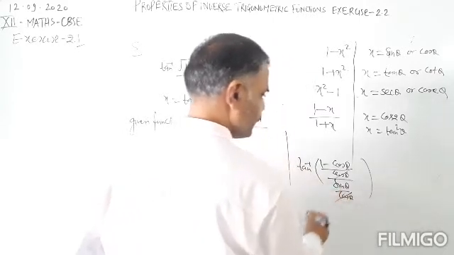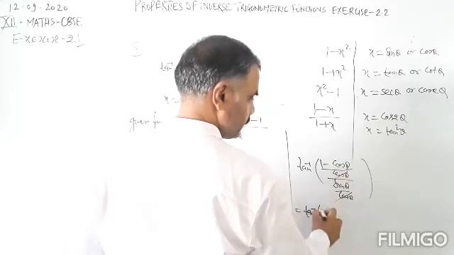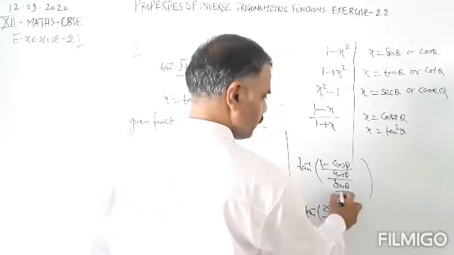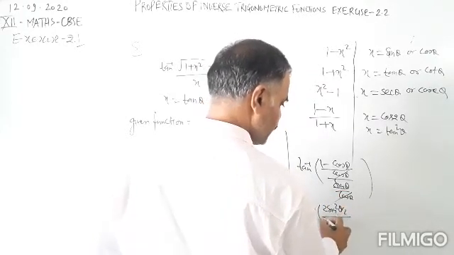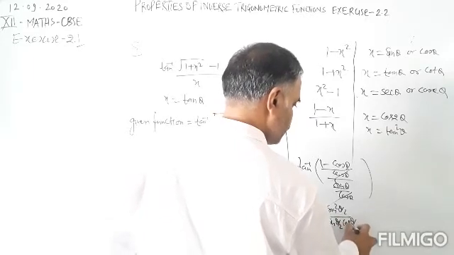So this is tan inverse of 1 minus cos theta upon sin theta, that is 2 sin square theta by 2 upon 2 sin theta by 2 cos theta by 2.